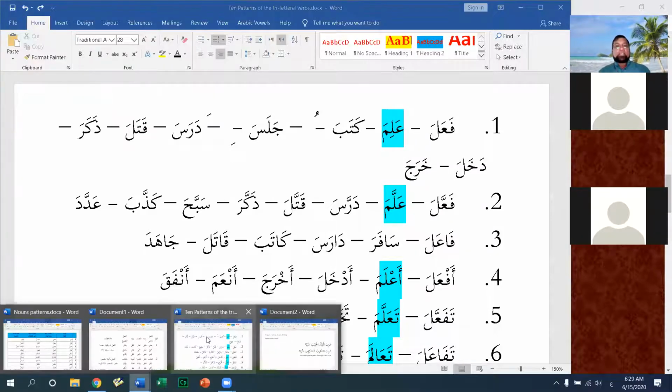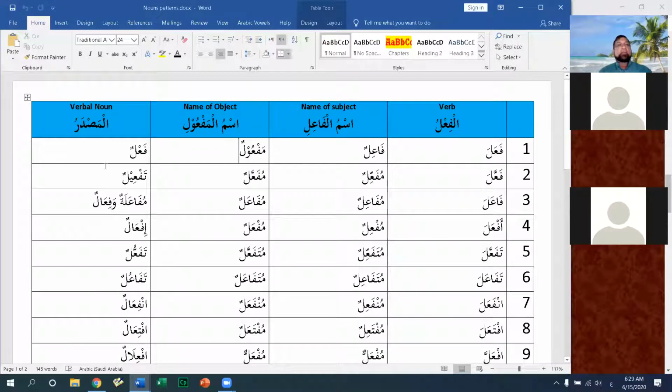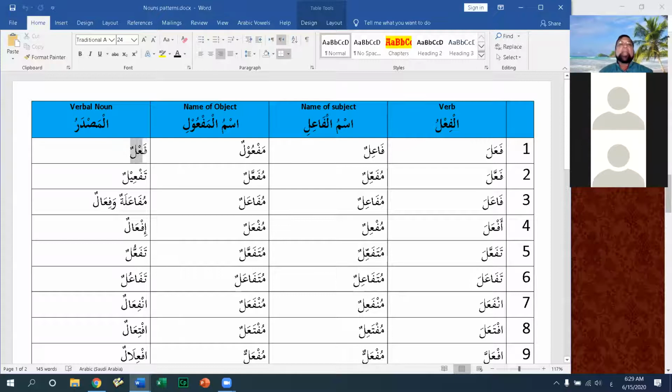As for the masdar for fa'ala, there are many patterns. I just mentioned one here. The masdar for fa'ala is not always fa'lun. Sometimes it is.